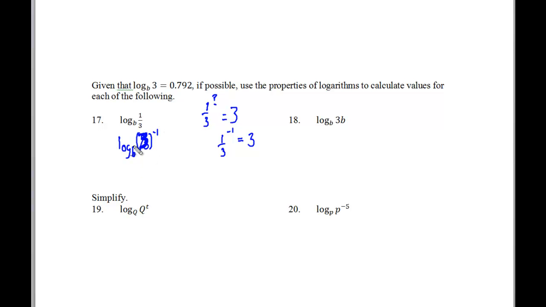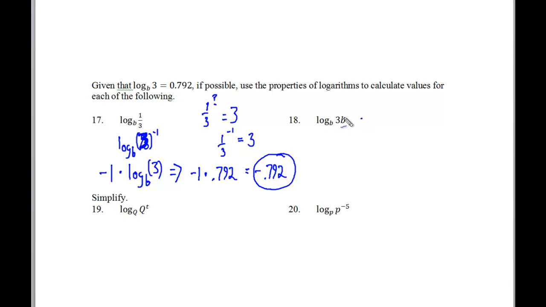I don't have an eraser here, so I have to overwrite here. And that brings my -1 out in front times my log base b of 3, which means I'm going to have a -1 times 0.792, because log base b of 3 is 0.792, and that's going to give me a total of -0.792, or -792 thousandths.